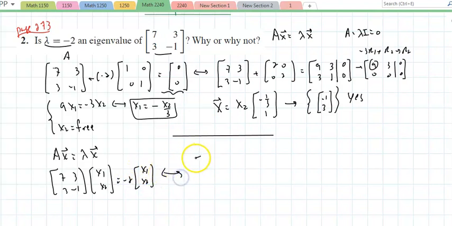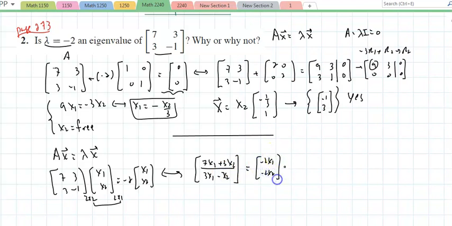Wouldn't that mean 7x1 plus 3x2? This is 2 by 2, this is 2 by 1, and the outcome is 2 by 1. And 3x1 minus x2 equals negative 2x1, negative 2x2, right?